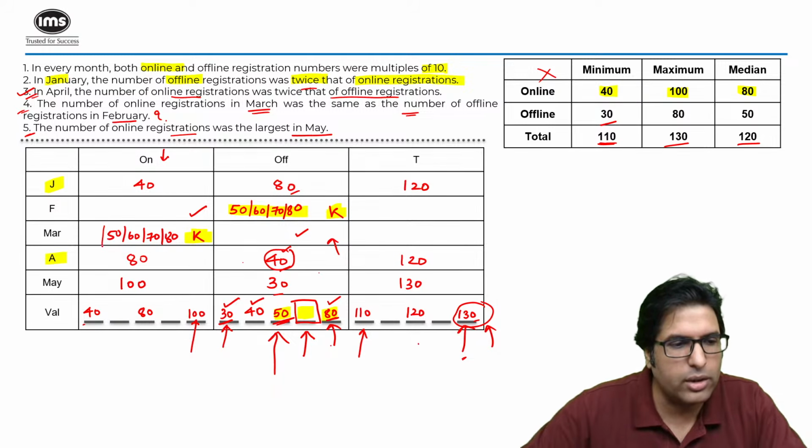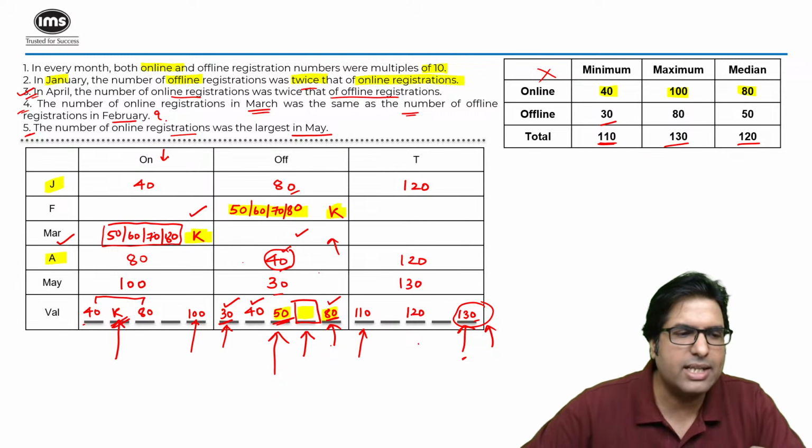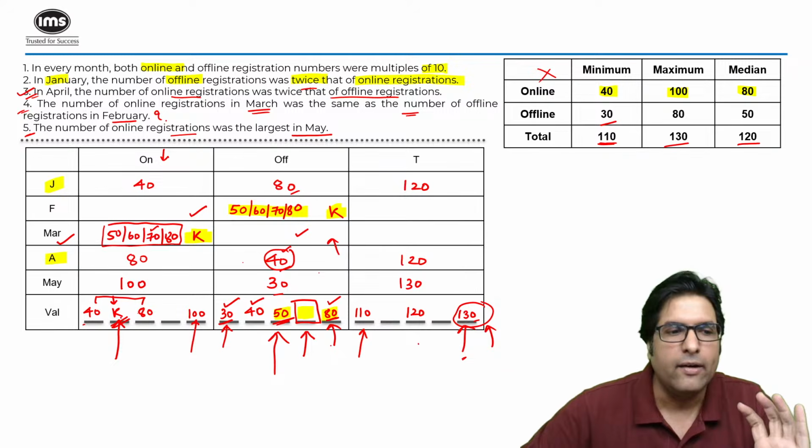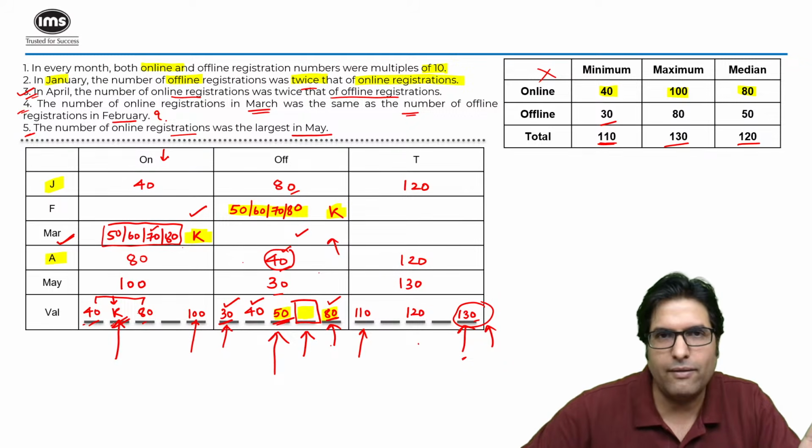Now, because we know that the value for K lies between 50 to 80 for March, can I say this empty box will be this value of K? One value between 50 and 80 has to be here, whatever the value. So understand this properly. Let's suppose this value comes out to be 70. Then if K is 70, K has to come in here between 40 and 80, which means whatever the value of March is, it has to be between 40 and 80 in our value-based column at the end.